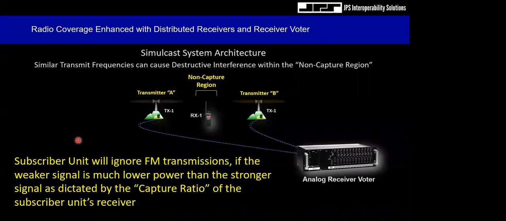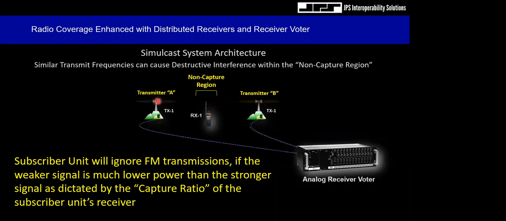And so if we look at some of the specifications of a subscriber unit, one of those is the capture ratio. The capture ratio is really defined as how many dB of signal coming from transmitter A or transmitter B, in this situation, how much more power should be coming from one transmitter with respect to the other transmitter to suppress that low power transmitter.